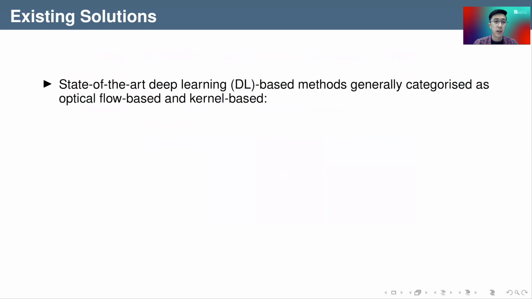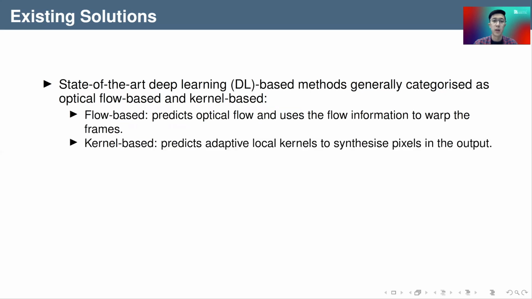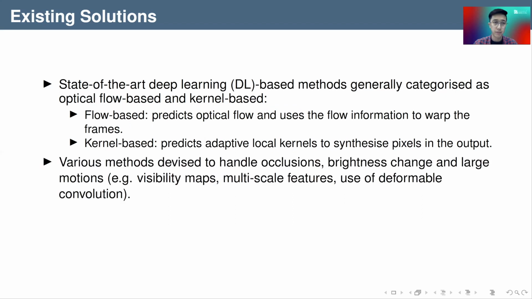Existing solutions, typically state-of-the-art deep learning methods, generally can be categorized as optical flow-based and kernel-based. Optical flow-based methods predict the optical flow and use flow information to warp the intermediate frame. The kernel-based methods predict adaptive local kernels, that are to be convolved with input patches to synthesize the final output pixel.